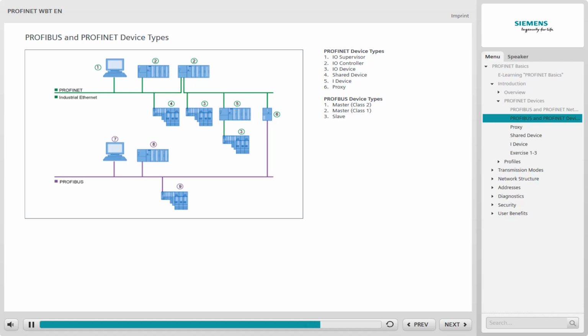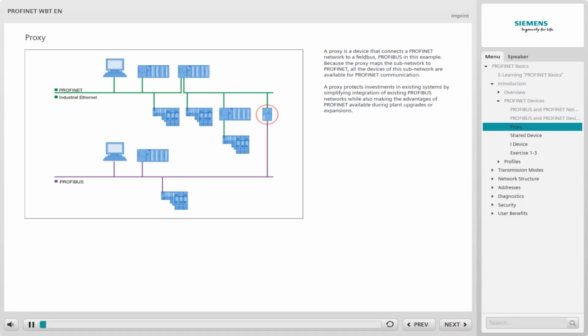Another type of PROFINET device shown in the accompanying illustration is an I/O supervisor, which is often a programming device, human-machine interface, HMI, or personal computer, PC. The I/O supervisor is used for commissioning, monitoring, and diagnostics. The remaining pages of this lesson summarize the other device types shown.